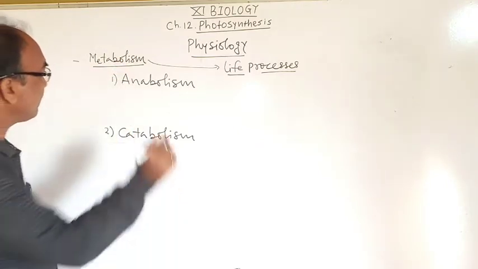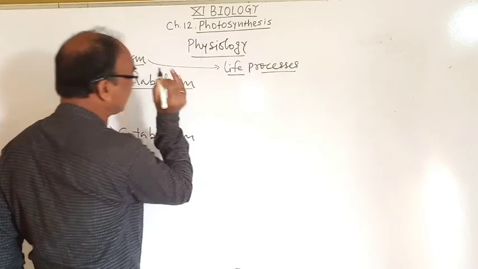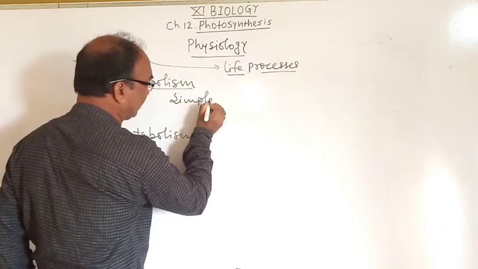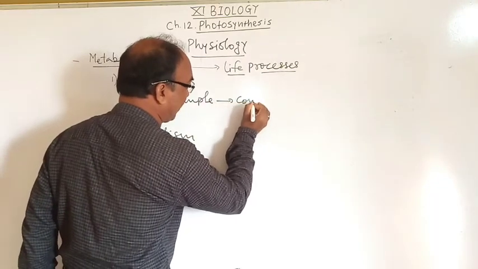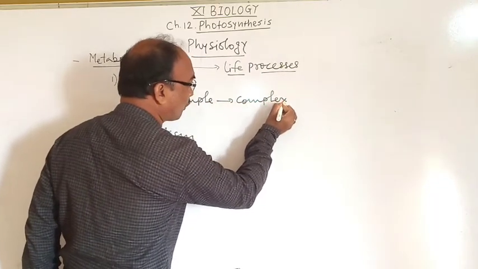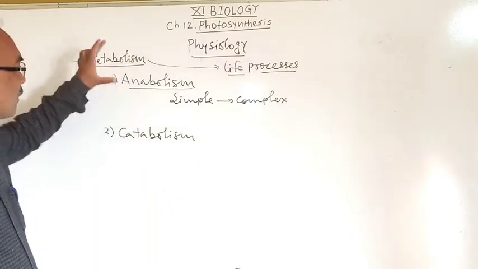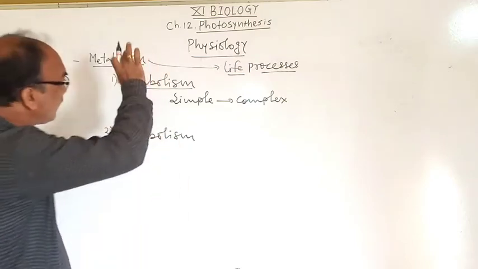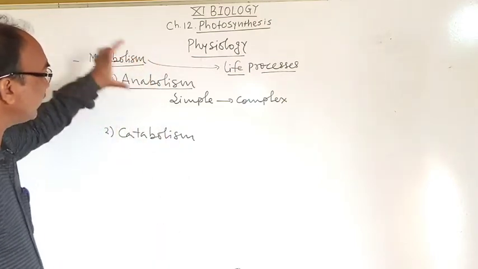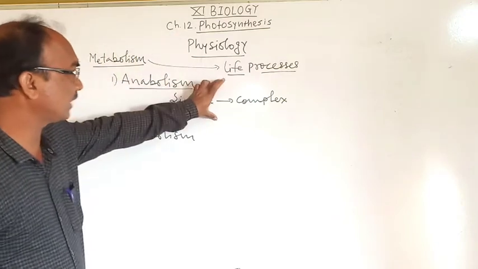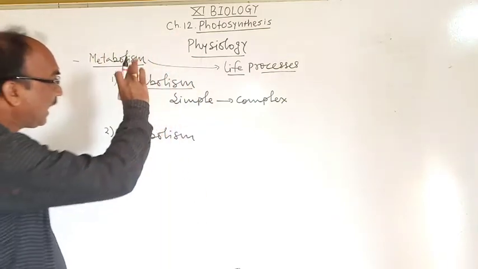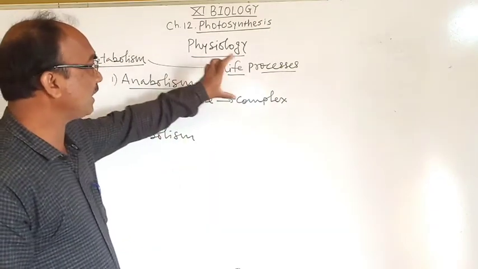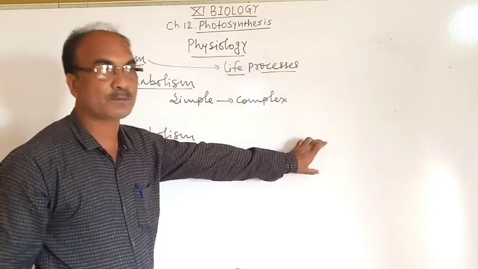So anabolism is a life process in which simple substances are converted into complex substances. Anabolism is a chemical reaction, a life process in which simple substances are converted into complex substances.